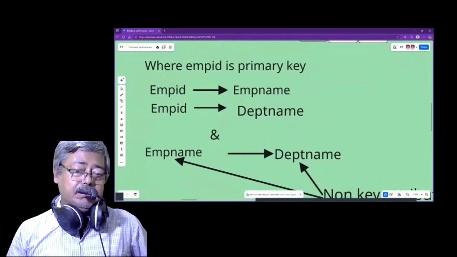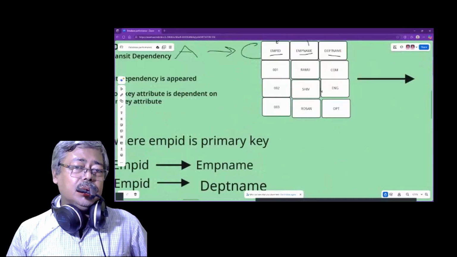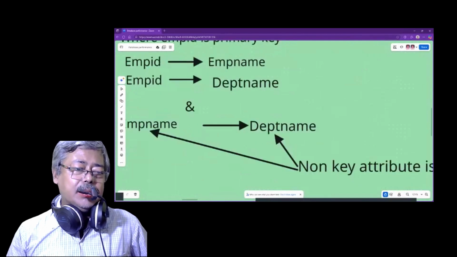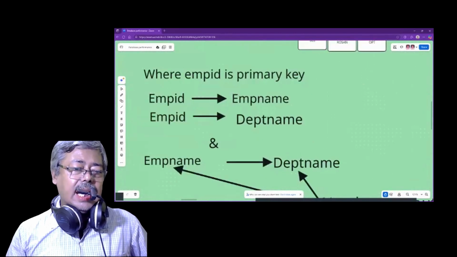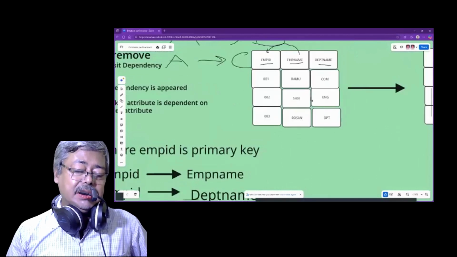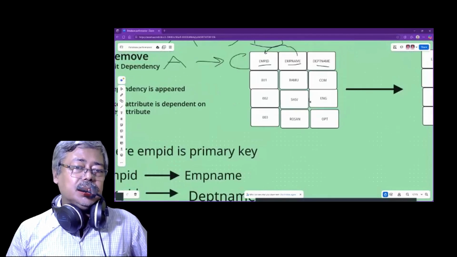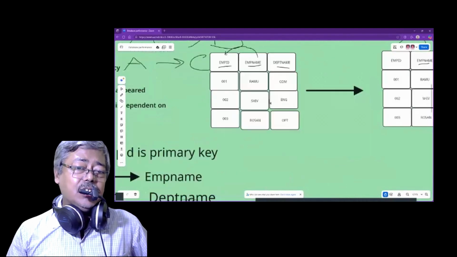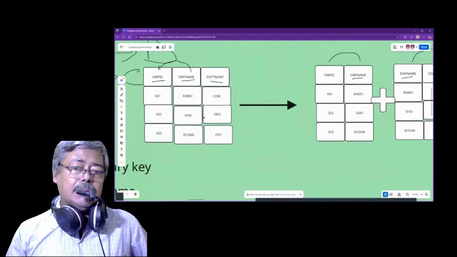EMP name and department name are both non-key attributes. But those two non-key attributes have a dependency. How? EMP name identifies the department name. So the non-key attributes are dependent on each other. So this is the violation that is addressed at the third normal form.